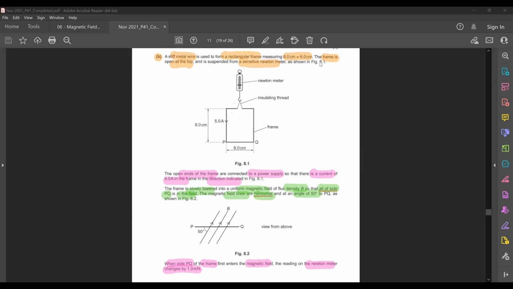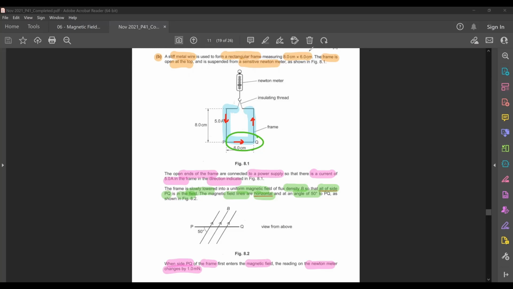So right now, when you look at the diagram, the rectangular section of your wire is this part here. They say that there is current flowing through your wire. There is 5 amp going in this direction, as well as in this direction. They mentioned specifically that this section of wire, PQ, is lowered into a magnetic field and is at an angle to your magnetic field.